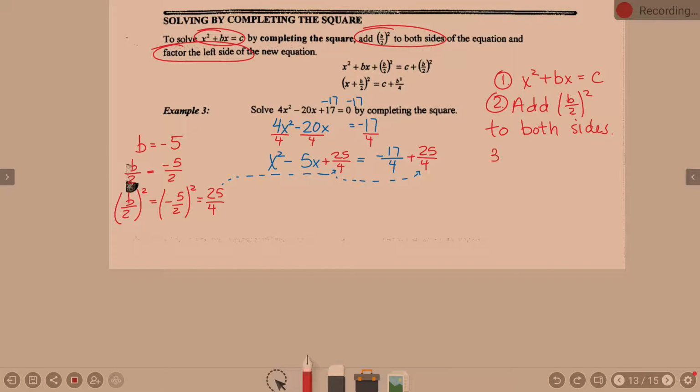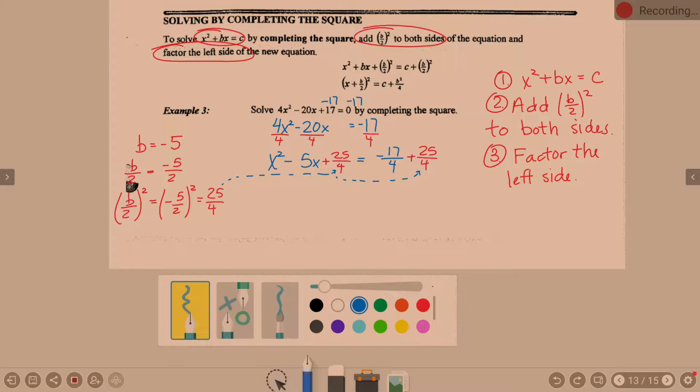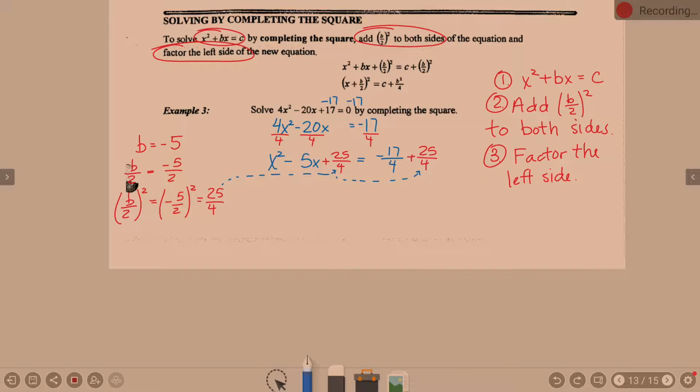is going to be factor the left side of the new equation. So I always just say factor the left side. The idea when we factor the left side is that we are factoring into 2 parentheses.